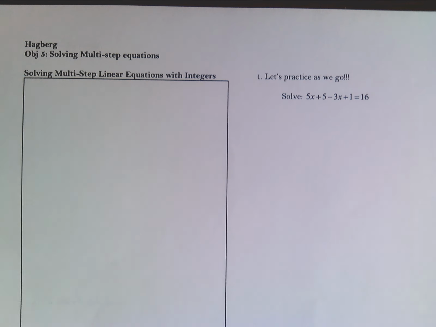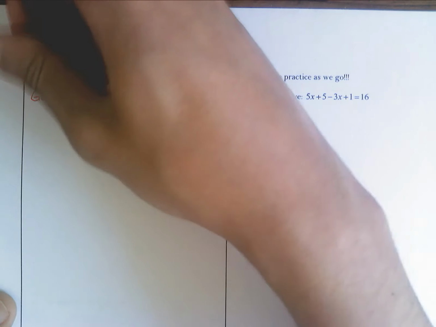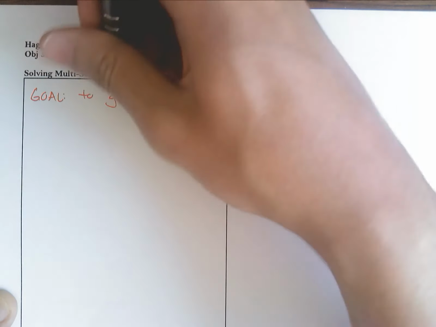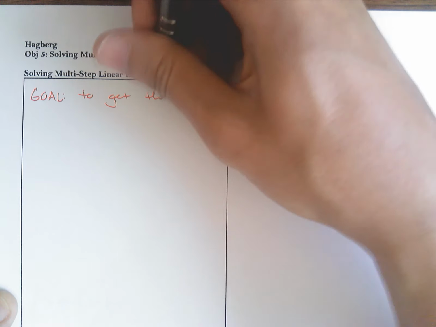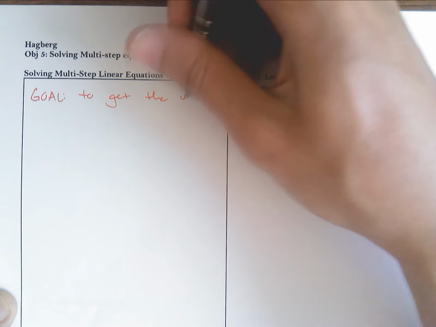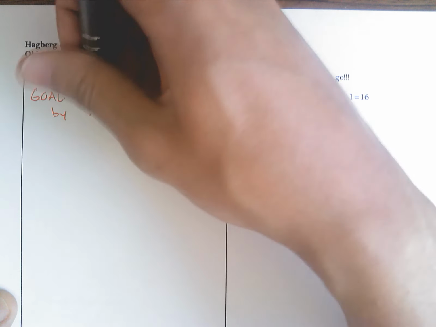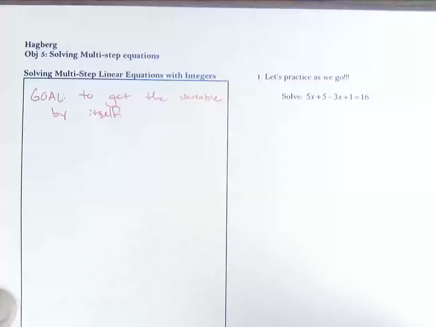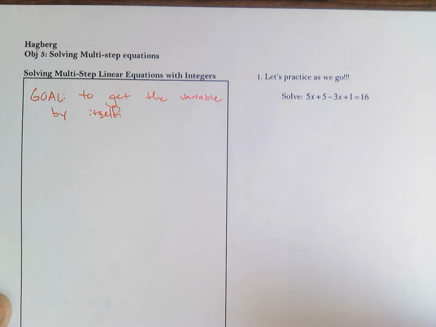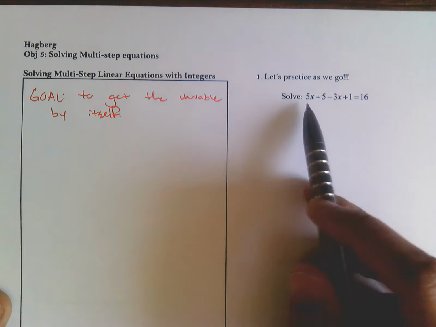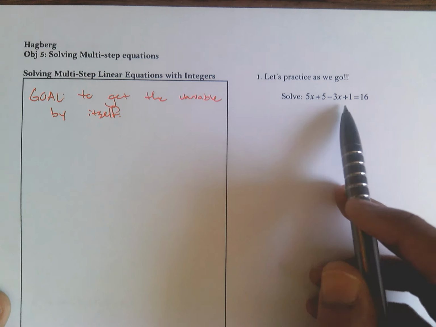So let's take a look at the steps to solve multi-step linear equations. The goal hasn't changed at all. The goal is to get the variable by itself. That's what it means to solve. And in order to do that in something like this, we have to get just one variable.